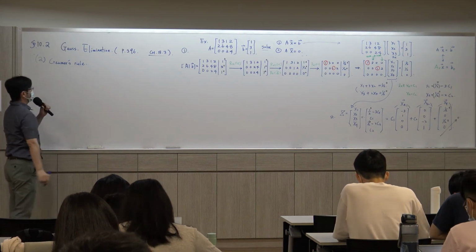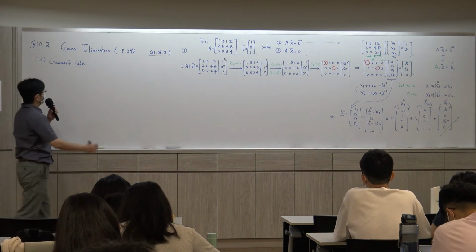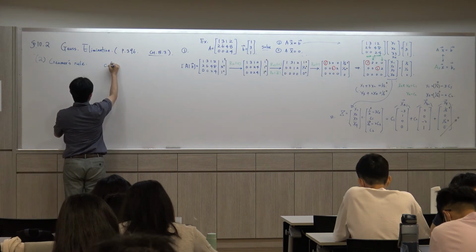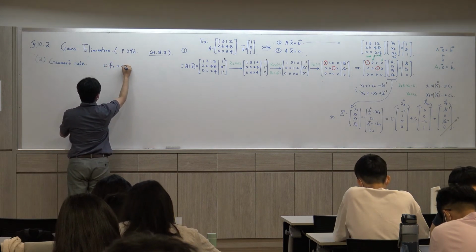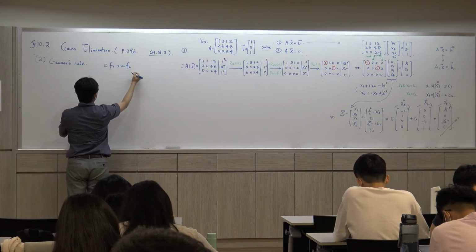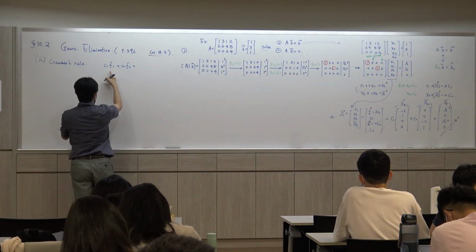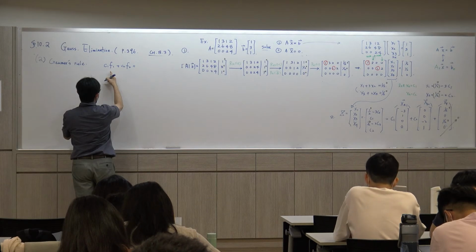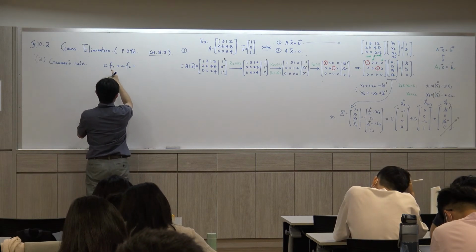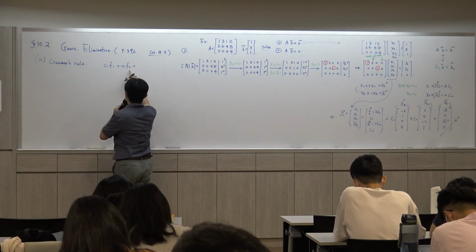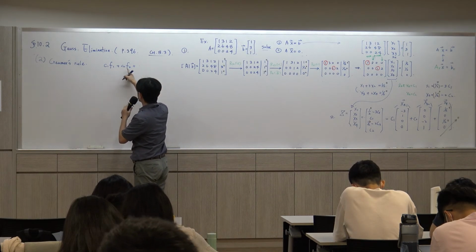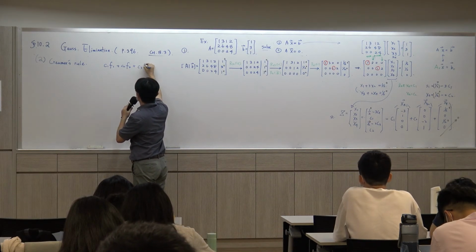So we mentioned this in chapter 3. We want to verify the linear independency or linear dependency among the three different functions, f1, f2, f3.